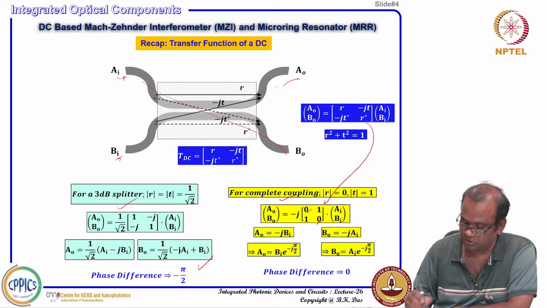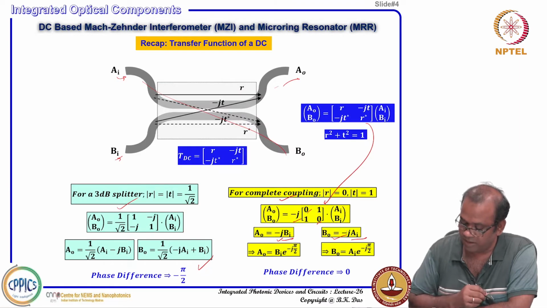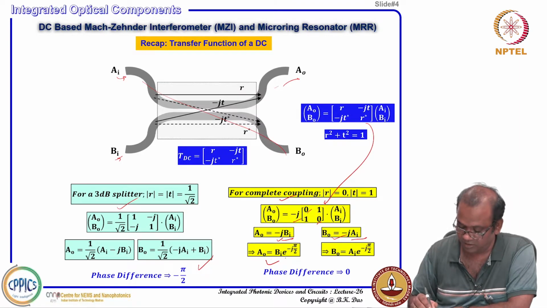So, that is 0 0 sitting here, and since minus j is there, I can factor minus j. Then A naught will be equal to minus j B I and B naught equal to minus j A I. So, you see this minus j here, output A, output B also minus j. That means I can write in phasor form A naught equal to B I e to the power minus j pi by 2.